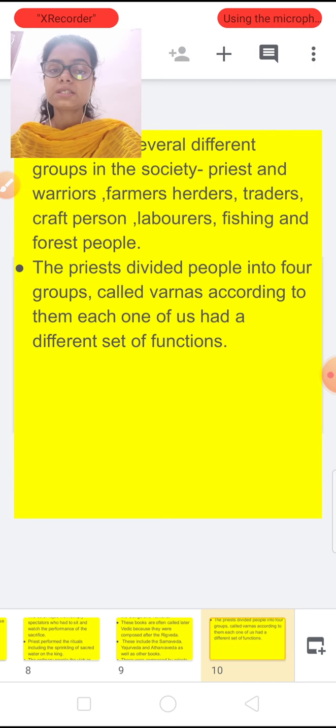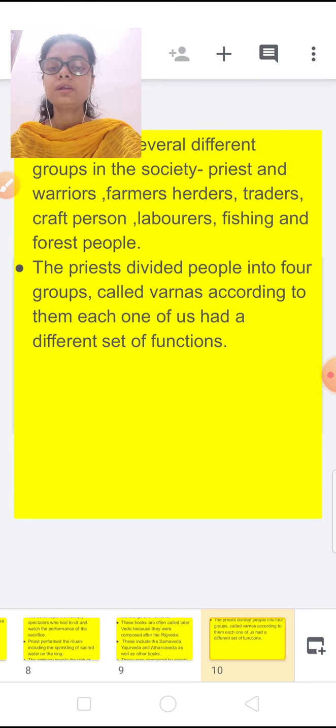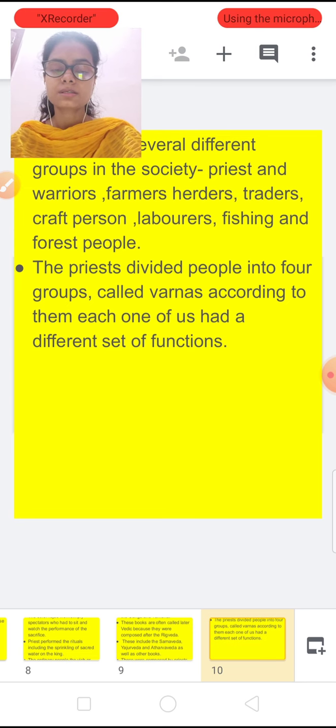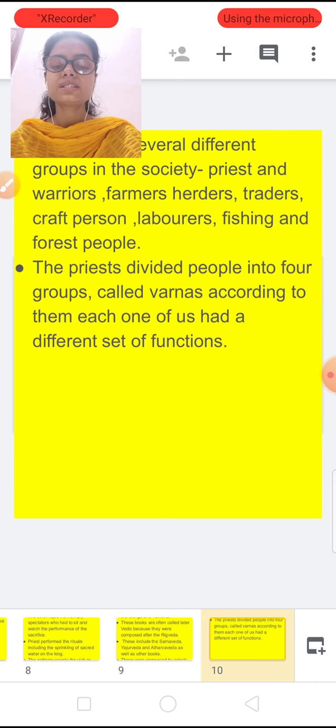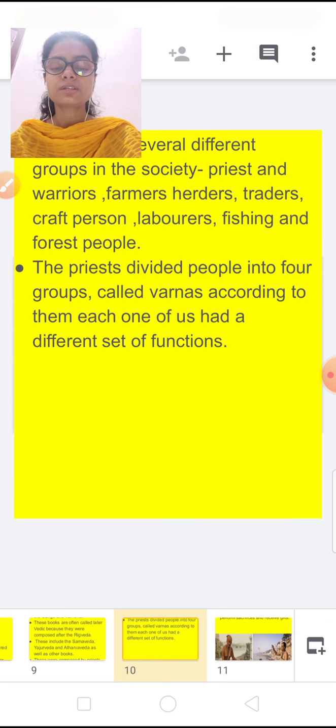So the priests divided people into 4 groups called Varnas. According to them, each one of us had a different set of functions.